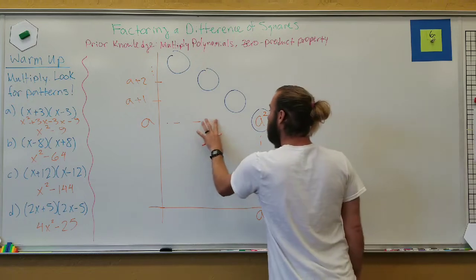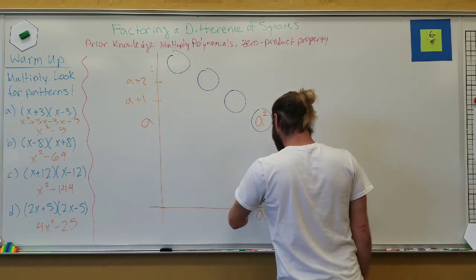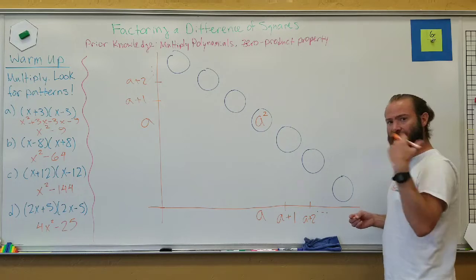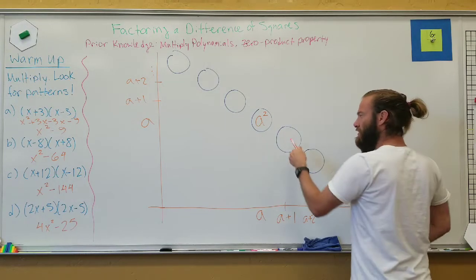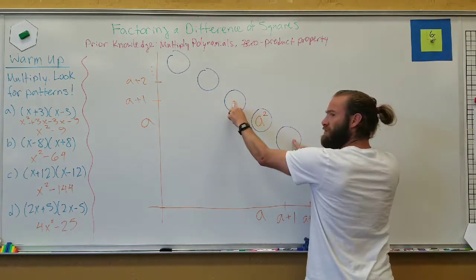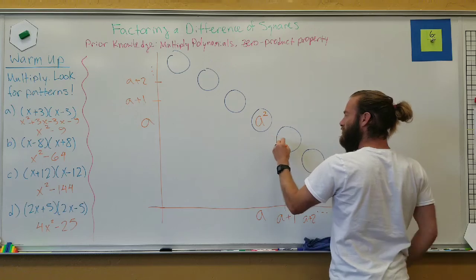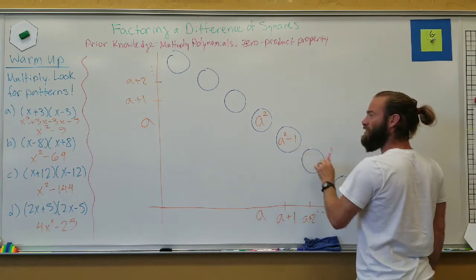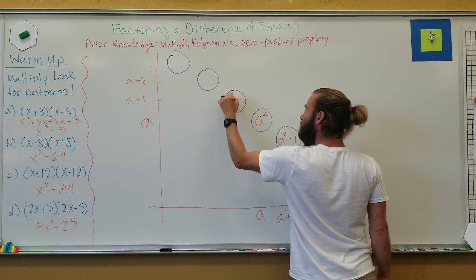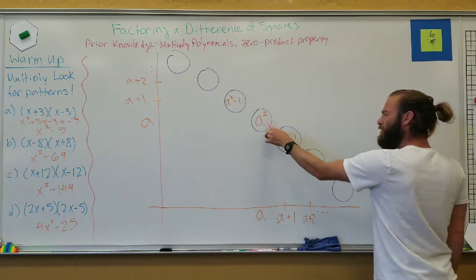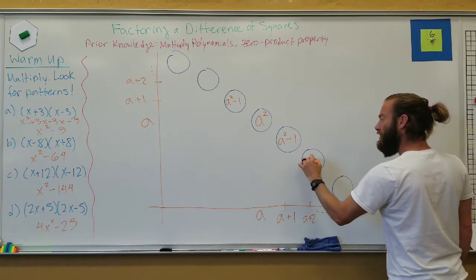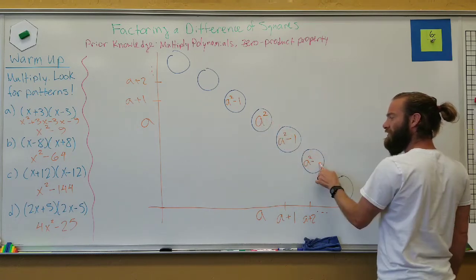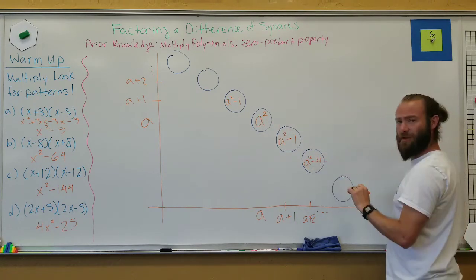Right? And let's think back. What happened as we went on this diagonal in our last lesson? What happened when I went out once? This just subtracted by 1. So that would be just a squared minus 1, and this would be a squared minus 1. Well, what happened when I went out 2? A squared minus, it actually from here to get there, we subtracted 4, if you remember.